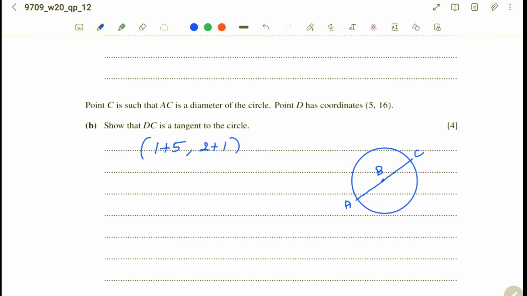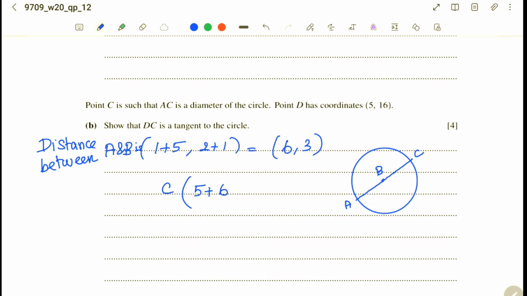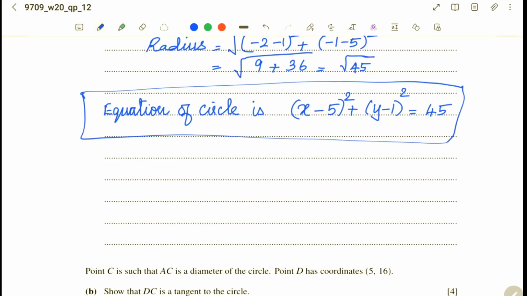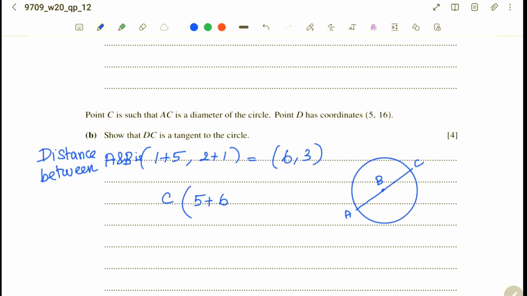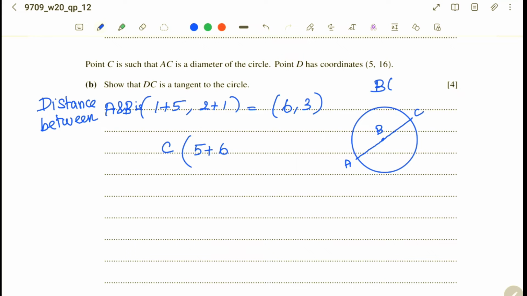So the same distance is between B and C. So C is 5 plus 6, because this is 6 comma 3, and B is (5, 1).